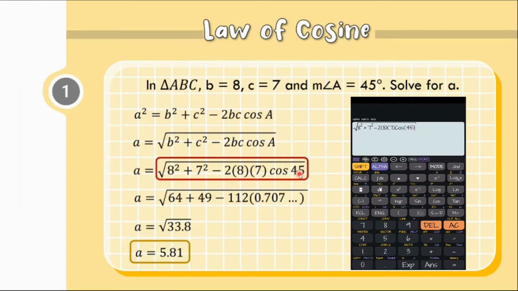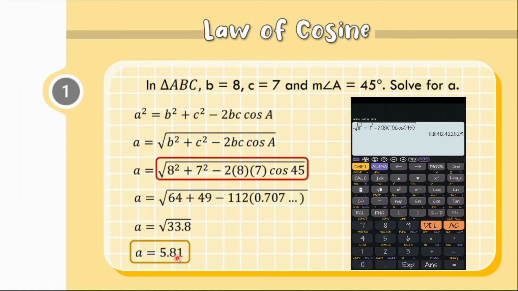Don't forget to write the closed parentheses for us to get the final answer. Therefore, we will obtain 5.81412 and so on. It means it is also equal to 5.81 to the nearest hundredths.